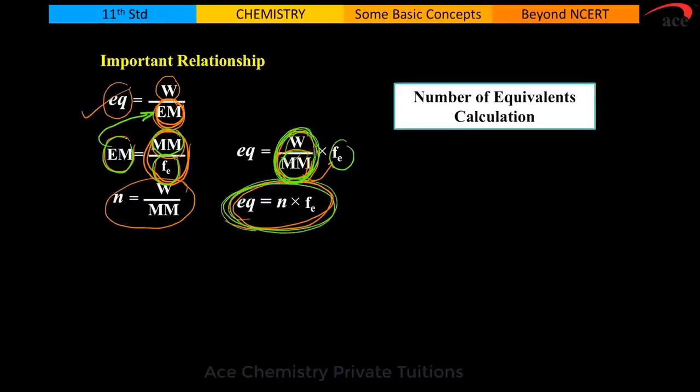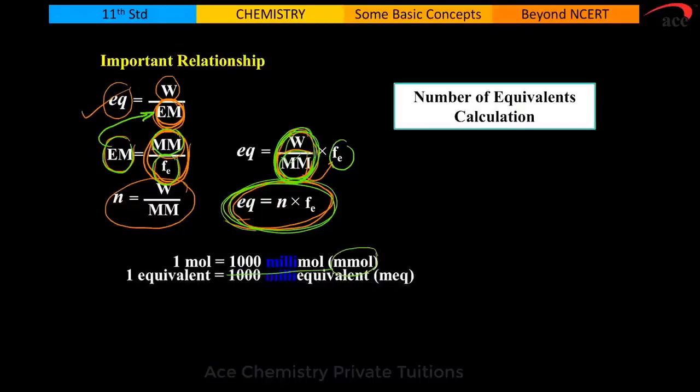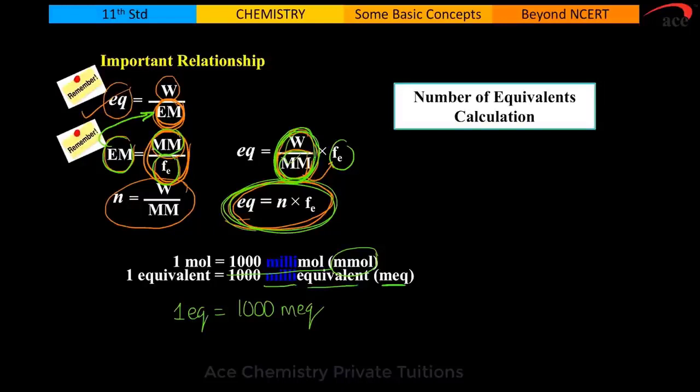So, number of gram equivalents is number of moles multiplied by factor. That is what we get. Remember, 1 mole is 1000 millimoles, also popularly written as mmole. Similarly, 1 equivalent is 1000 milli equivalents.